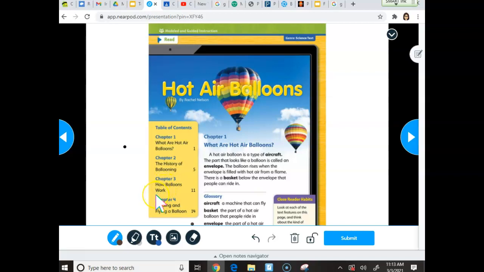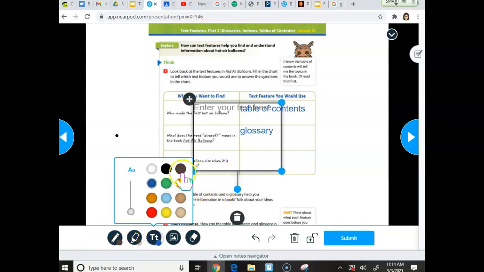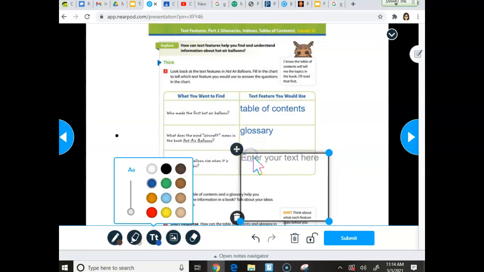How balloons work. All right, is that explaining to me how a balloon works? Yes, it is. All right, so we could say that we would use what to help us figure it out? The table of contents. We would look at the table of contents.